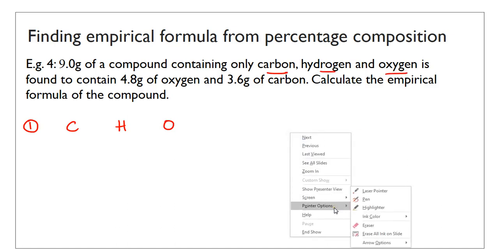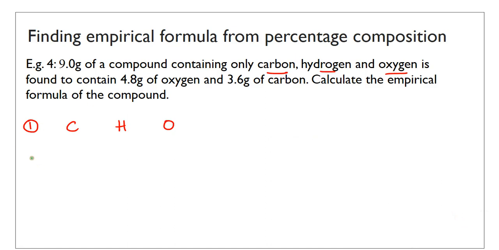Step 2 is to write the percentage mass or the actual mass of each element of the compound. So I know that you have 9 grams of the compound here and it has 4.8 grams of oxygen. Normally what I tend to do is I put a little m in grams, so I know that this row is for mass. So for oxygen is 4.8 and for carbon is 3.6.